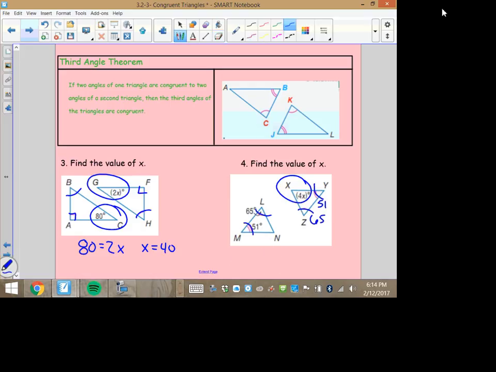So we're going to take 180 minus 65 minus 51 and set that equal to our 4x. And then we can solve for that by combining to get 64 equals 4x. So then we get x is going to be 16. Sorry to confuse you on that last part.